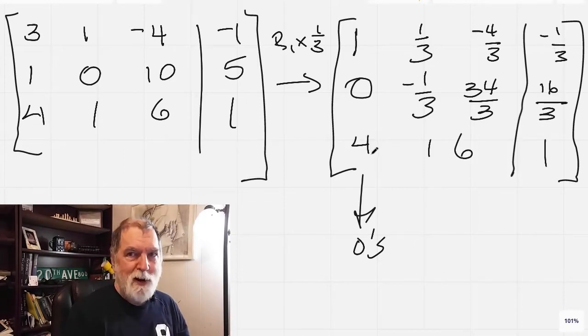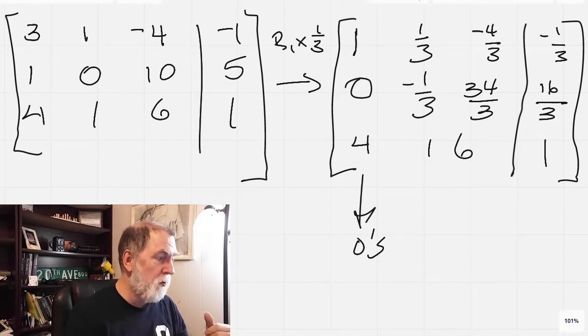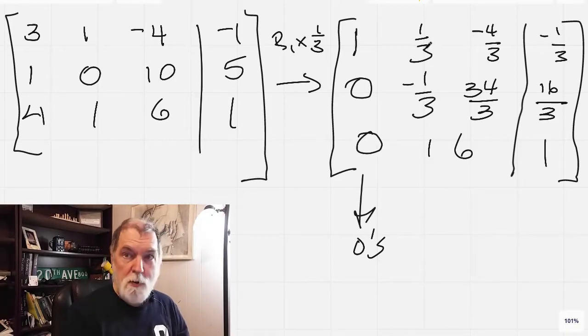This row at the bottom, we want this 4 to become a 0, so we are going to have to subtract 4 times that top row. So 4 times 1 is 4, and so that's 0. 4 times a third is 4/3. 1 minus 4/3 is going to be negative a third.